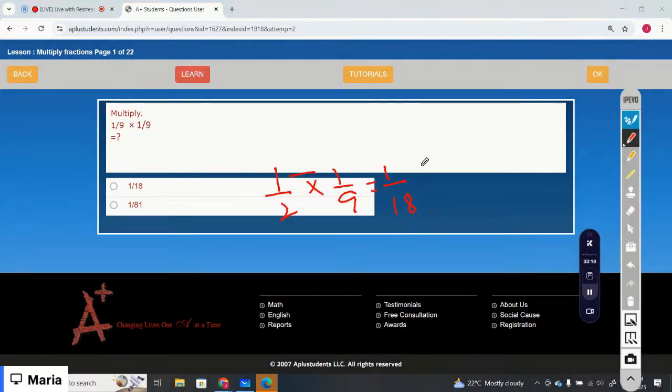You have to do numerator times numerator and denominator times denominator. 1 times 1 is 1 and 9 times 9 is 81.